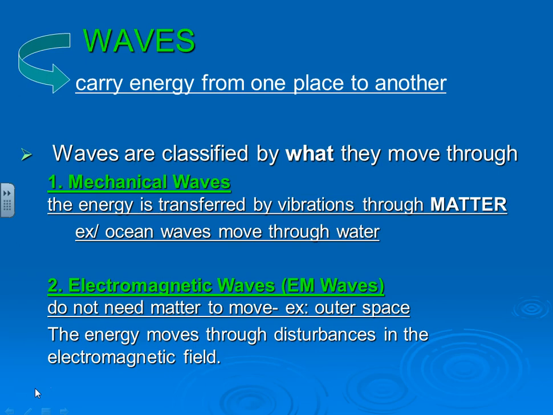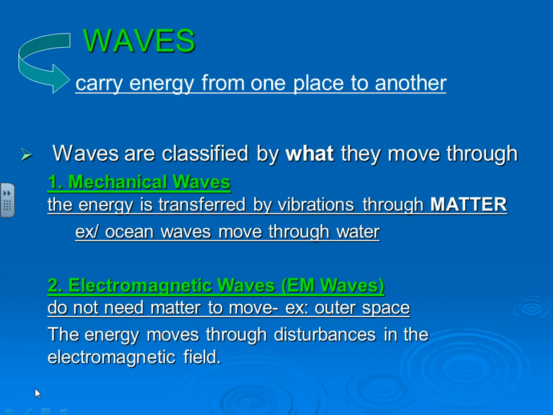Now there's another type of wave that is completely different from a mechanical wave. It's called an electromagnetic wave. And electromagnetic waves, or EM waves, do not need matter to move. Now they can move through matter, but they don't have to have matter to move.